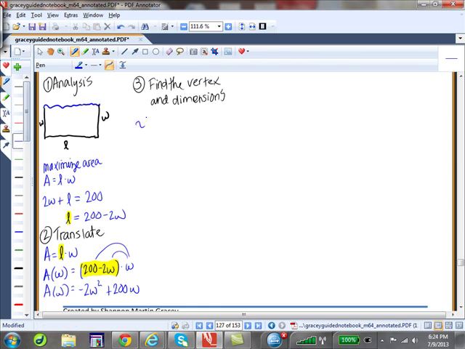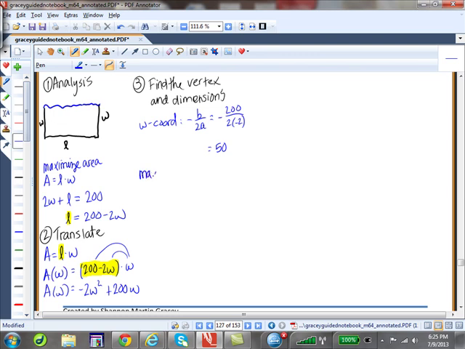Okay, so I guess in this case it'll be the W coordinate for the vertex because we didn't name it X. So this will be, again, the same, negative B over 2A, which is negative 200 over 2 times negative 2, which is going to be positive 50.